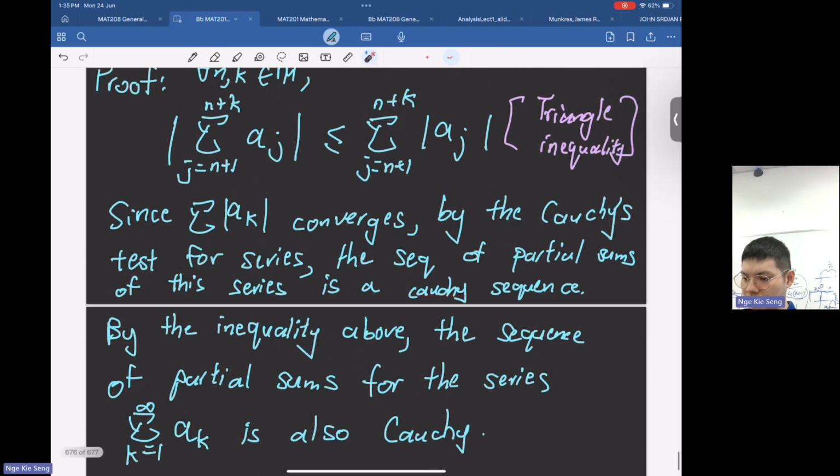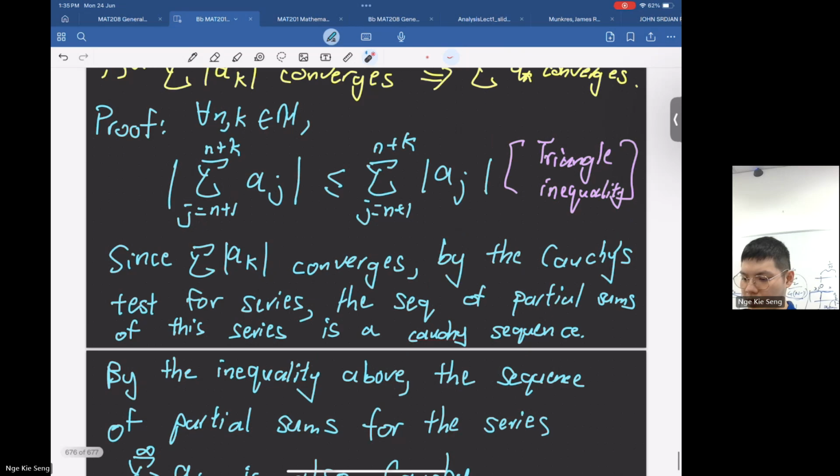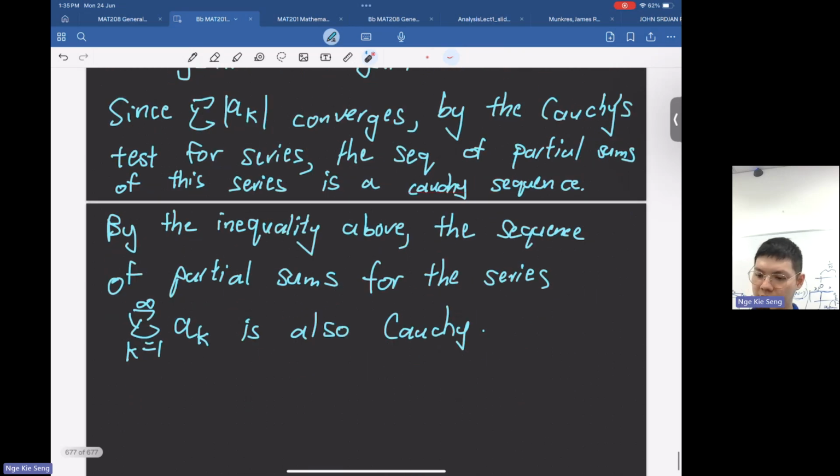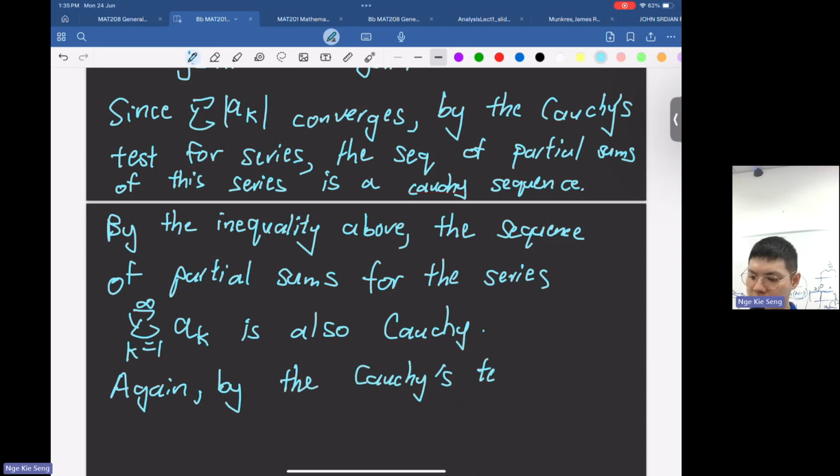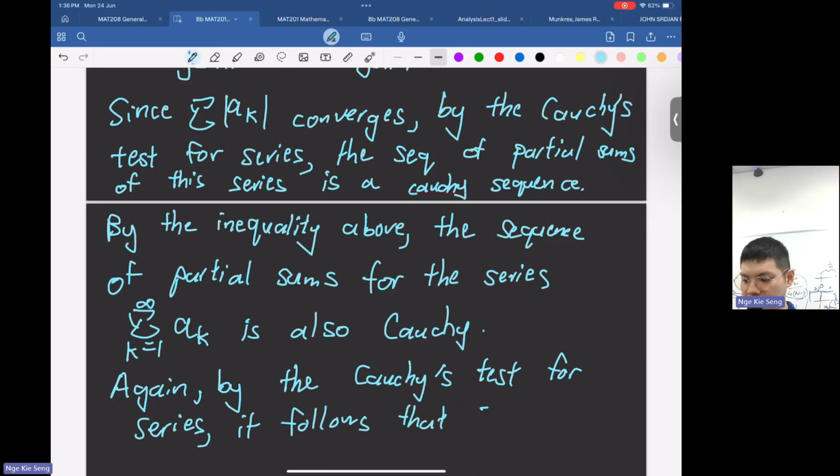Okay, so again, by the Cauchy test for series, it follows that the series of ak converges.